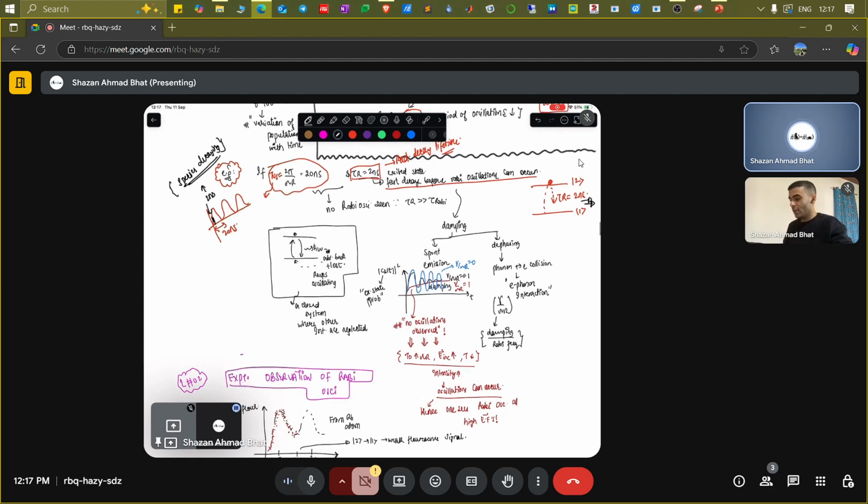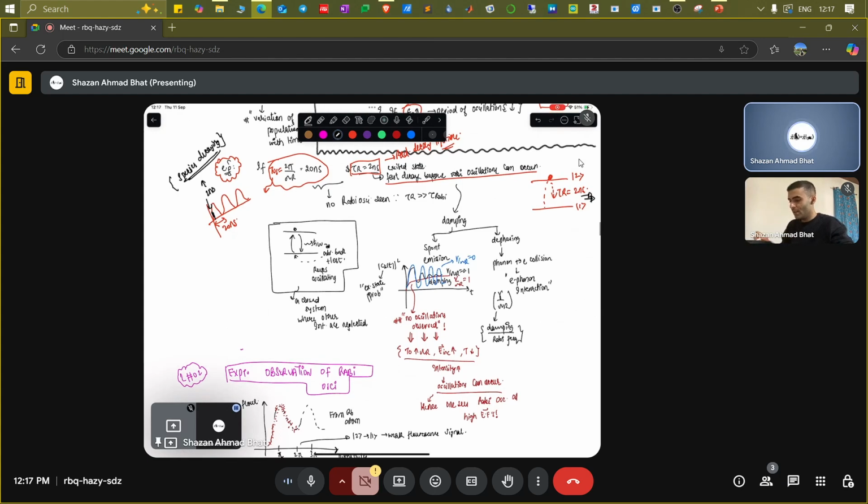So that is the fundamental thing. If you want to observe it, your time period of oscillation should be at least in the range of the radiative decay lifetime, or much smaller than it. So in this particular case, no Rabi oscillations will be seen, because the radiative decay time is much smaller than the Rabi oscillation time.